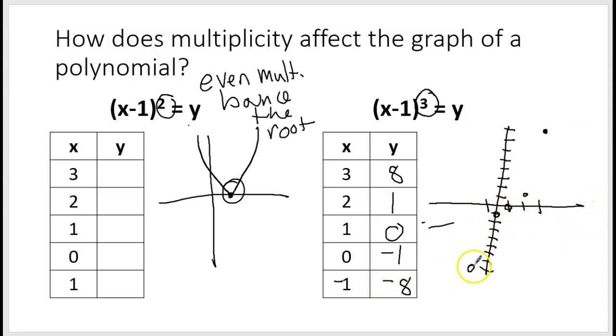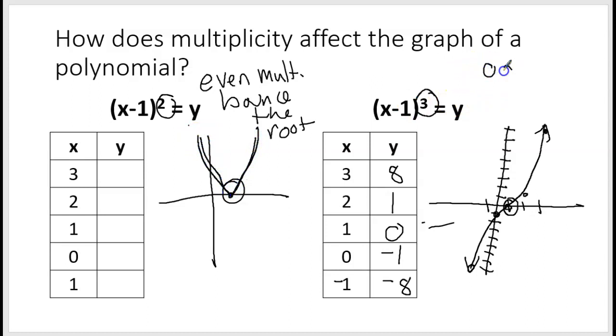Now, if I go through and connect these dots, I want you guys to notice it doesn't bounce off of the root this time. It goes through the x-axis. So here's what I want you guys to know here. Back here when we had even multiplicity and even power, the graph will bounce off of the root.